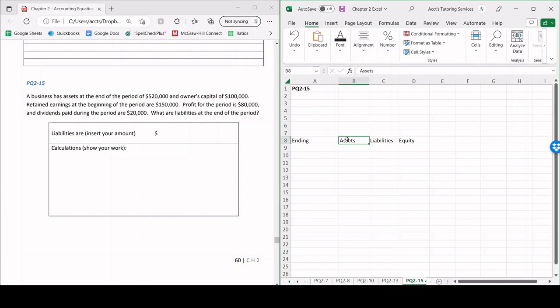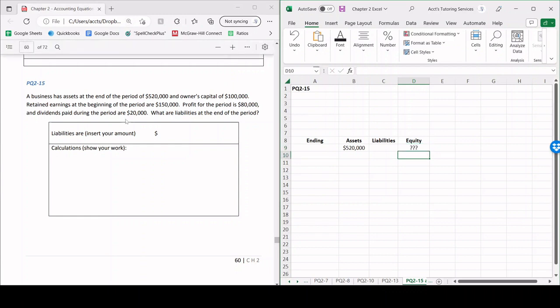So what we want to first do is plug in the variables that we have. So we have 520,000 over here for assets. And then simply put, we can solve for equity by using the other variable.